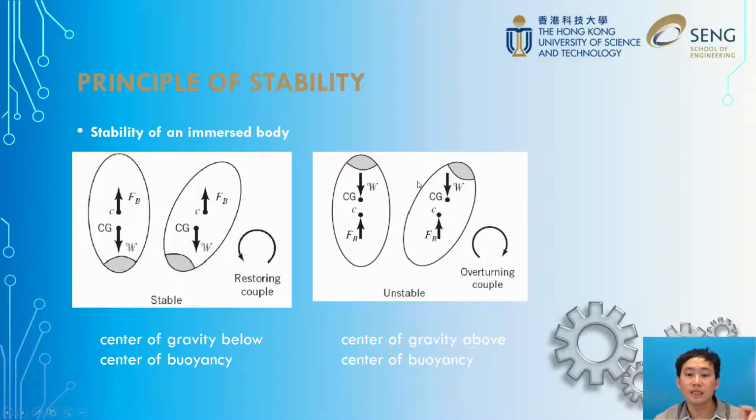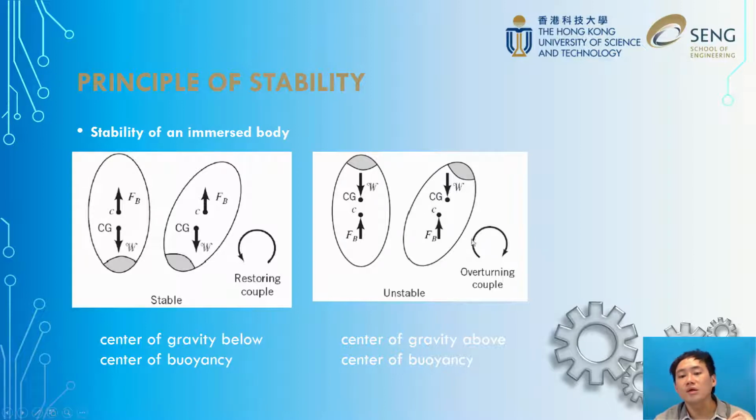But if you give it a small push, and the system moves a little bit, you can see that a similar situation happens. The horizontal position of the centers now creates a moment arm, and the two forces will turn the whole system in the clockwise direction, which is the same as the movement of the system at this stage.